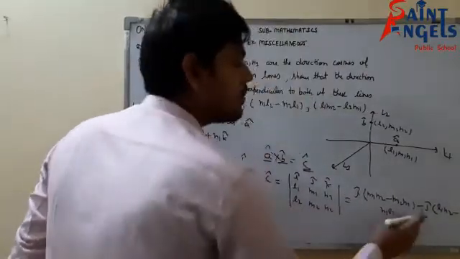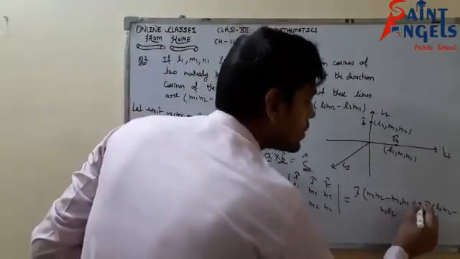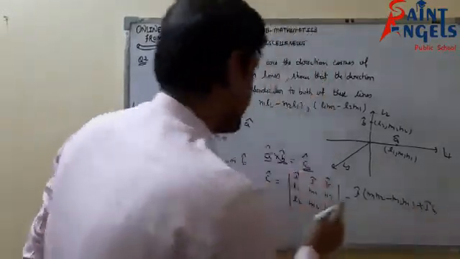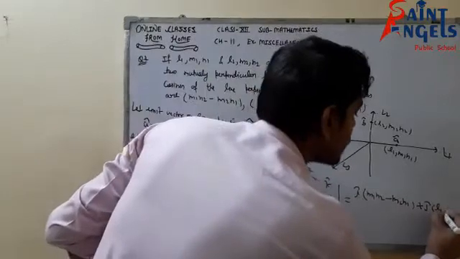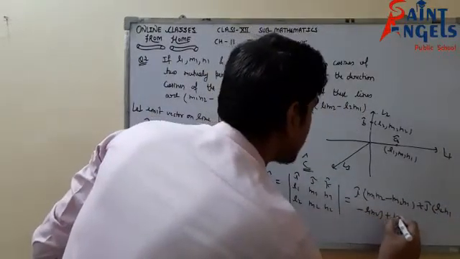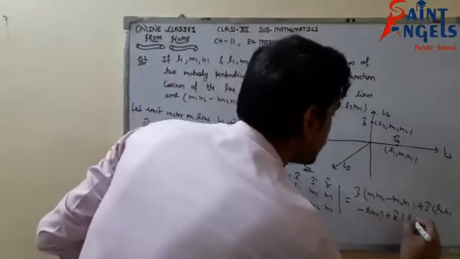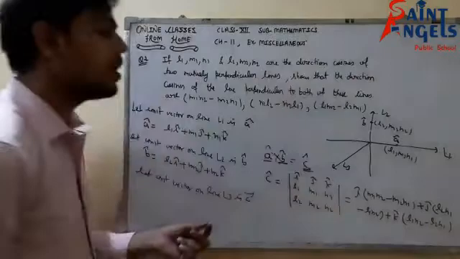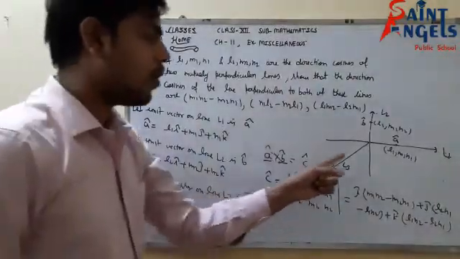If I don't write minus j, I can write plus j, then the terms get reversed, as you know, so it would be (l2 n1 minus l1 n2), plus k cap times (l1 m2 minus l2 m1). So this is the unit vector on line L3.